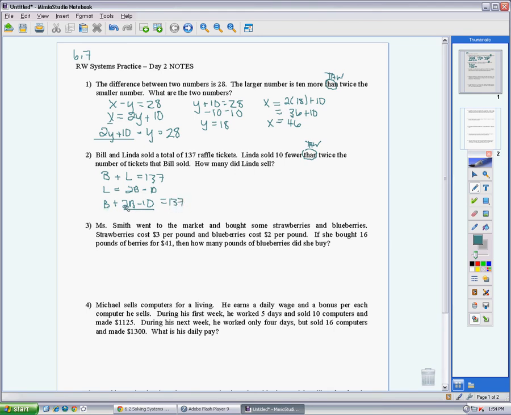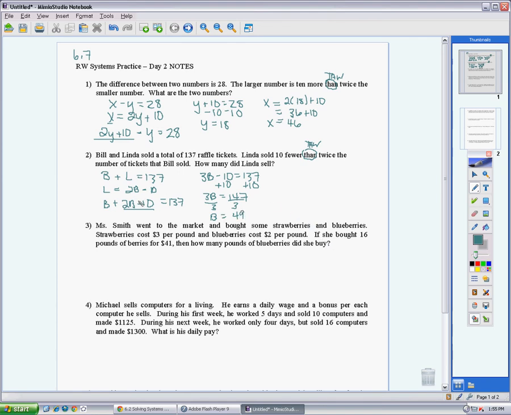So now I've got Bill and 2 Bills, so now I've got 3 Bills minus 10 equals 137. To solve for b, I'm going to have to add 10 to both sides. And 3b equals 147. I'm going to divide by 3. And Bill sold 49 tickets.